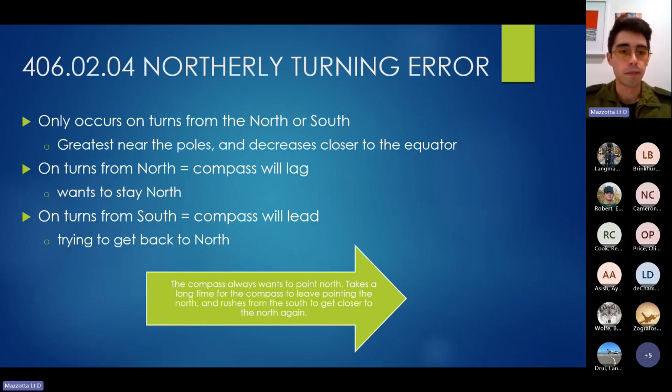On turns from the north, so you're turning away from the north, the compass is going to lag, because the magnetic connection wants to stay facing north. On turns from the south, so you're turning from the south towards the north, the compass is going to lead, so it's going to get ahead of what it's actually reading. You just have to give it a second to read what the aircraft is facing once you're back at straight and level flight.